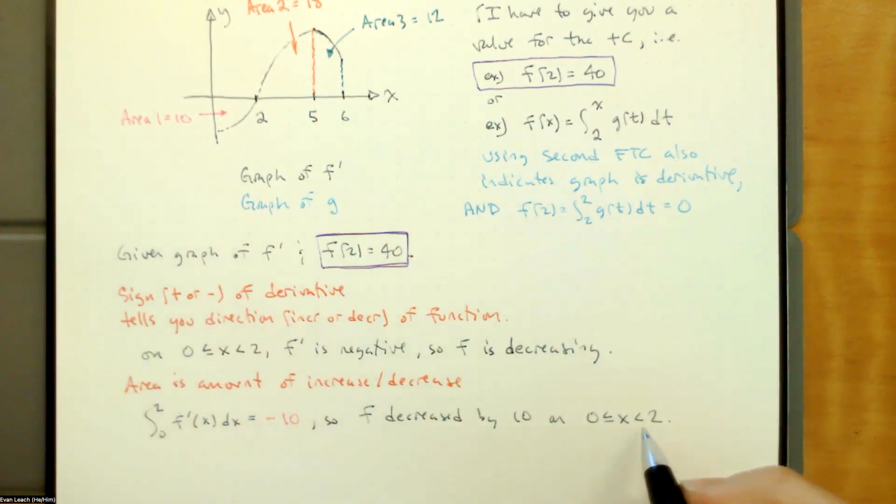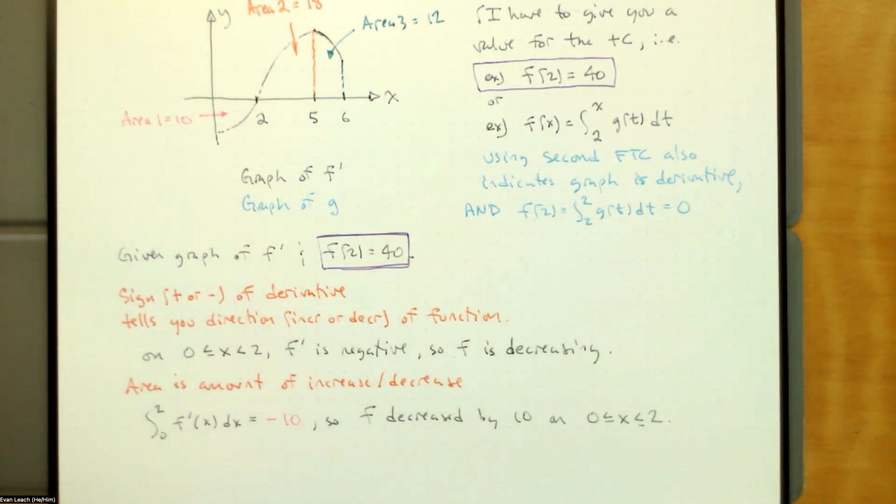So on the interval from 0 to 2, f decreased by 10. Just reading what's going on in the function.